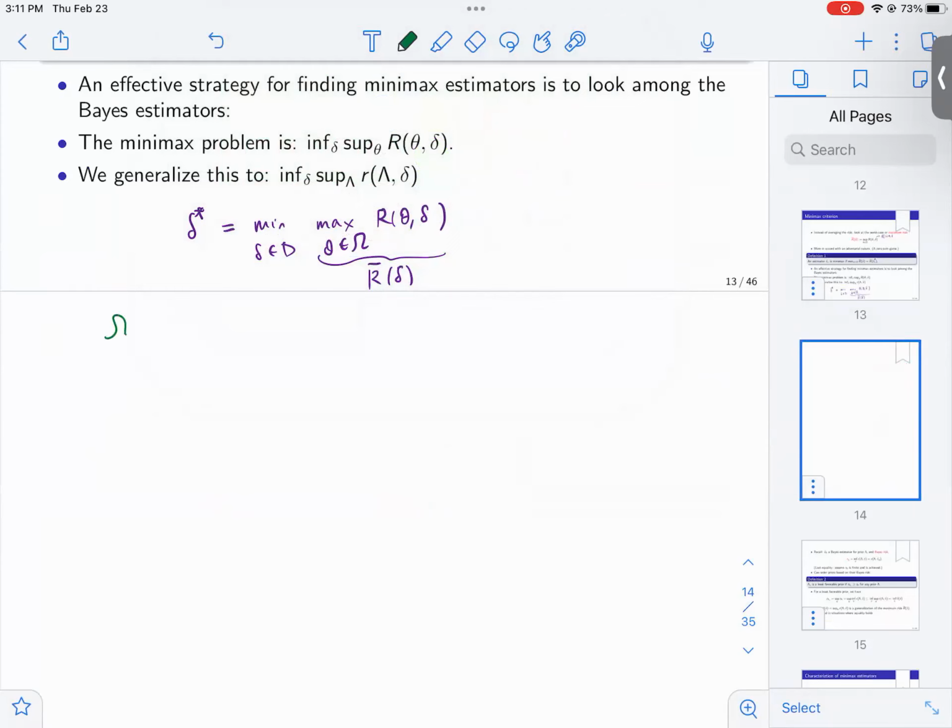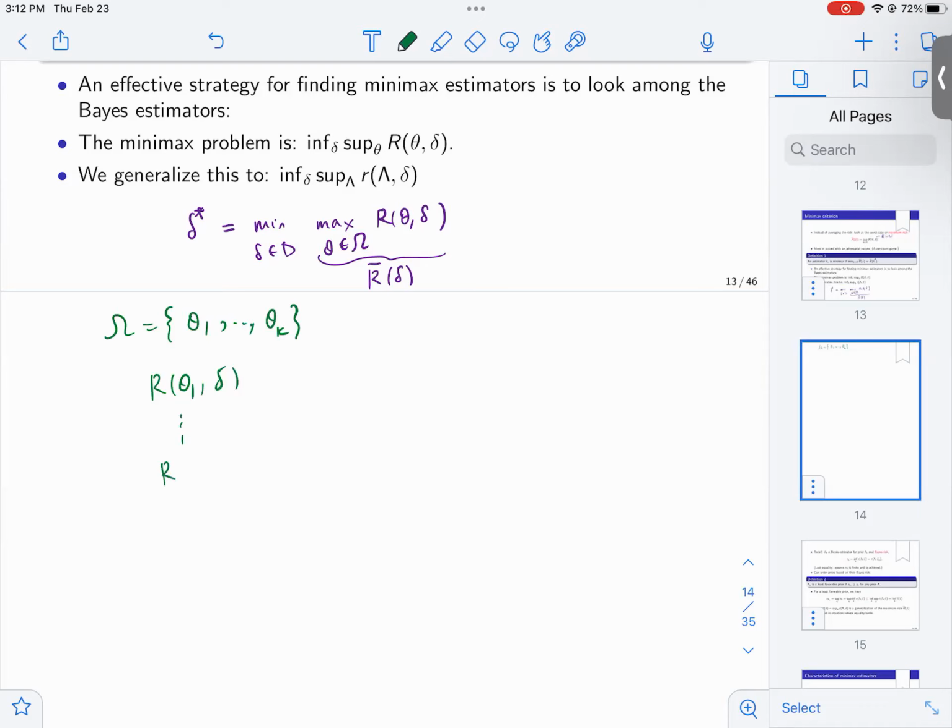So let's think about the case where we have a finite parameter space. This is the easiest case, and we'll also see that the geometry of the space is much nicer, or easy to visualize, in the finite case. Then the risk of an estimator, you can represent by a vector.